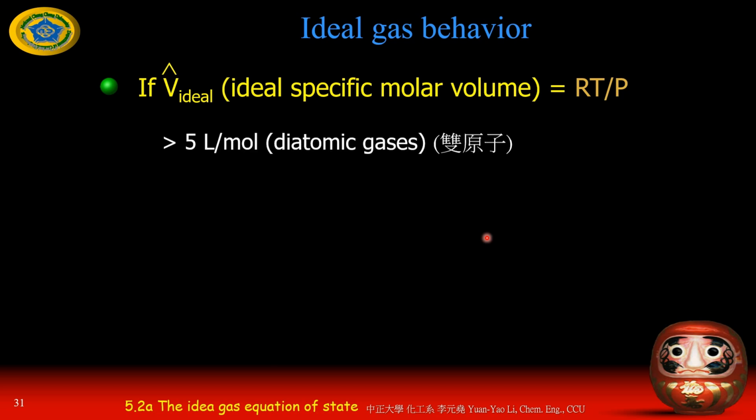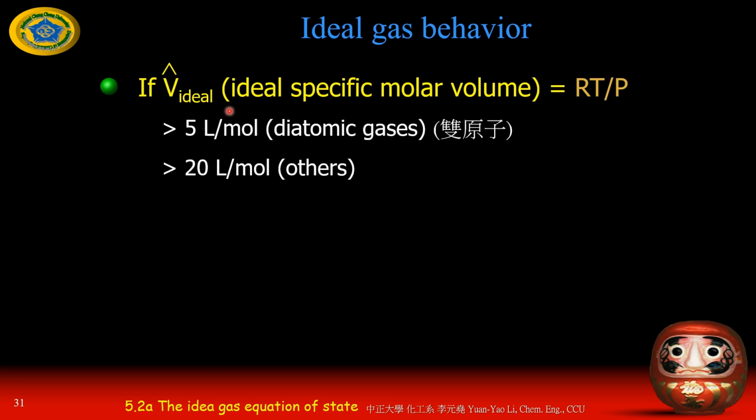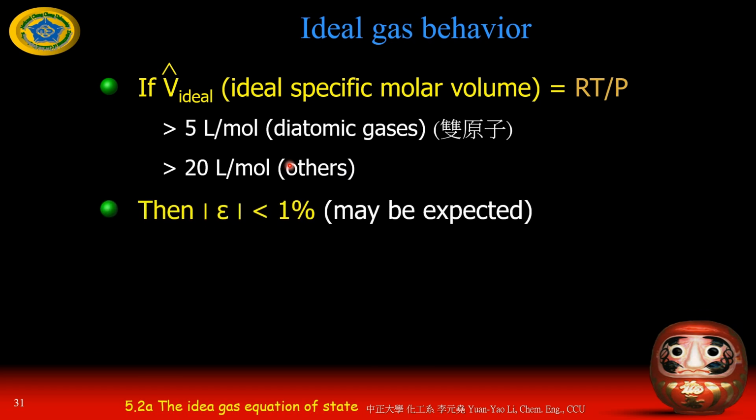So for ideal gas behavior, especially for the volume, V-caret ideal is RT divided by P, right? If it is more than 5 liters per mole for diatomic gases, that will be an ideal gas. If V-caret ideal is more than 20 liters per mole, that's for the case of other species.